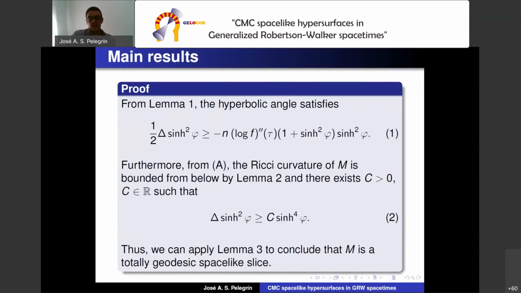Okay? And also, from our second lemma, we ensure that the Ricci curvature of the hypersurface has to be bounded from below. So we are in a position to use this result from Nishikawa and conclude that the hyperbolic angle has to vanish identically on our hypersurface. Therefore, since it is complete, it is a spacelike slice.